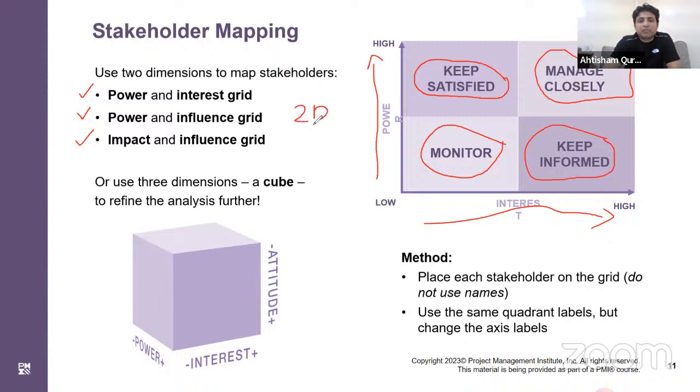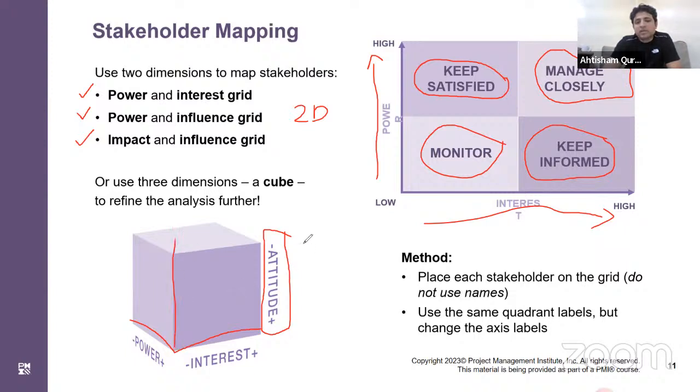And then these are the 2D grids. But there is a third type of grid, which is a cube, which also takes into account the attitude of the stakeholder. So along with the power and the interest, we have the third dimension, which is the attitude of the stakeholder.